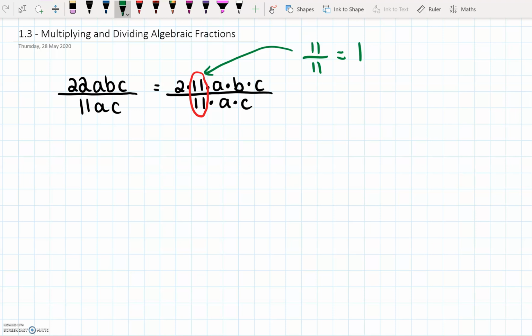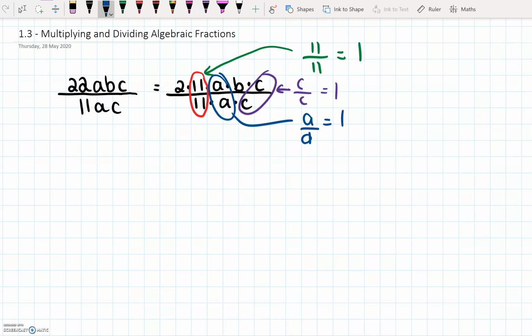That 11 divided by 11 becomes 1. Next to it, we have A divided by A, which is equal to 1, and here we have C divided by C, which is equal to 1.